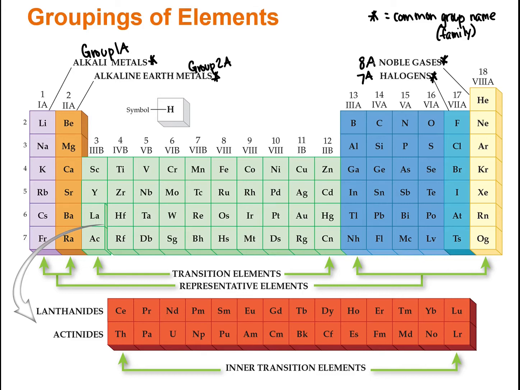Now you'll notice that there are just plain old numbers, and then there's numbers with Roman numerals, and they have numbers with letters. So you might see it as a Roman numeral, or you might see it as just the number with a letter. The A for each group means that it is a representative element.